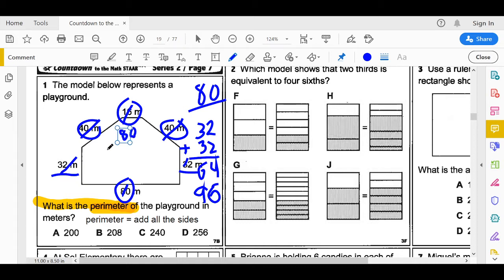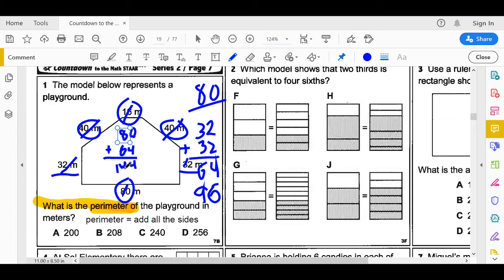That is the first number, plus 64. I'm going to add those two together first. 80 plus 64. 0 plus 4 is 4. And 8 plus 6 is 14.